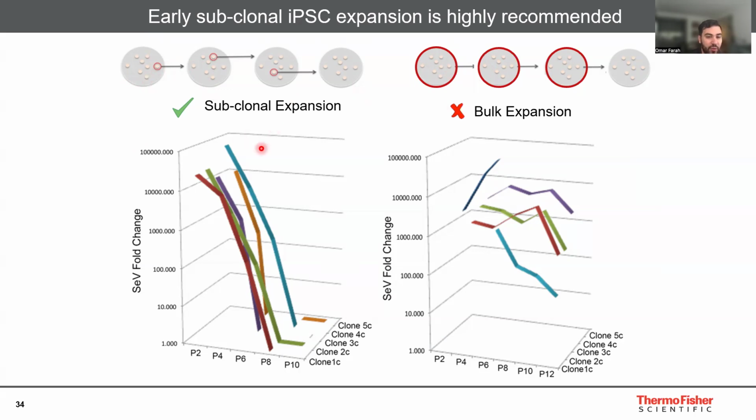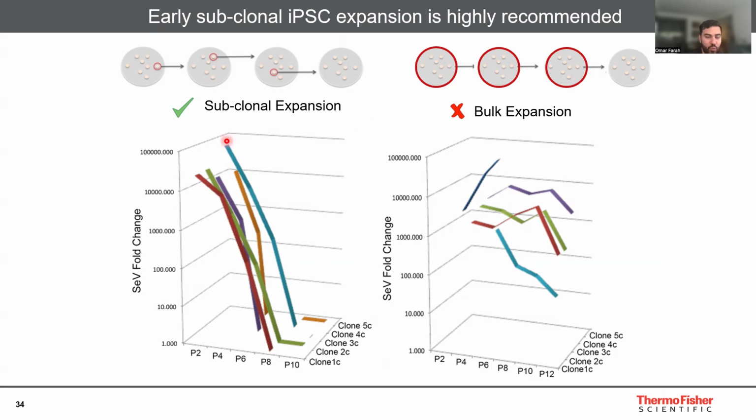Now, the reason for doing this is subclonal expansion tends to give you better results when it comes to vector clearing, right? Either removing the virus, the viral CytoTune vectors, or the plasmids as well.